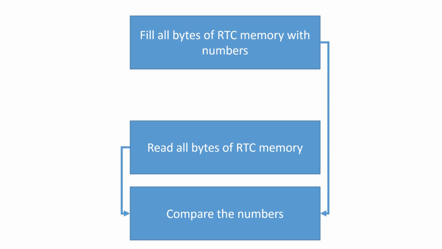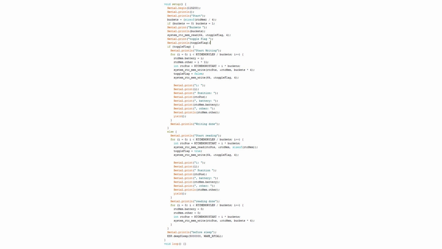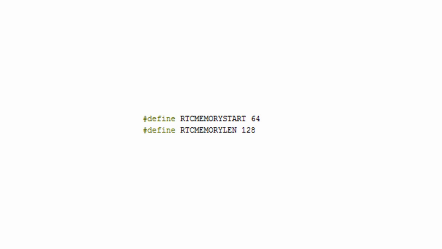I do this in 2 loops, so we can later add a deep sleep phase between the write and the read phase. The program is straightforward. Because I only want to run it once, I include everything in setup. First, I define the start and the length of the memory in buckets.